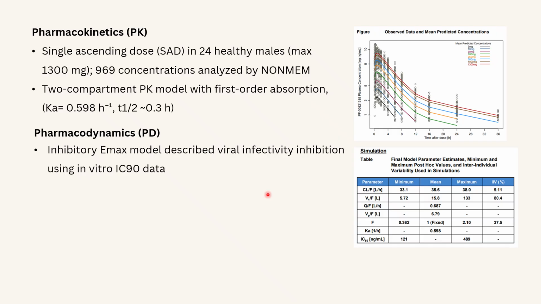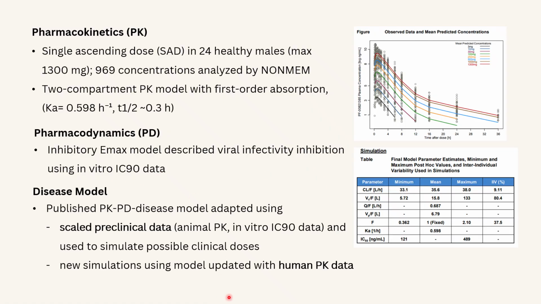An inhibitory Emax PD model described viral infectivity inhibition using in vitro IC90 data. A previously published PK/PD disease model that was earlier developed to describe viral load changes for a CCR5 antagonist was adapted using only scaled preclinical data, that is animal data and in vitro IC90 data.